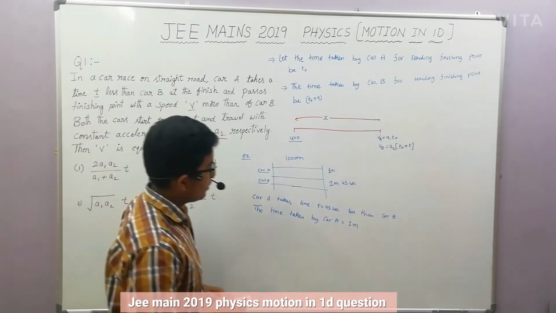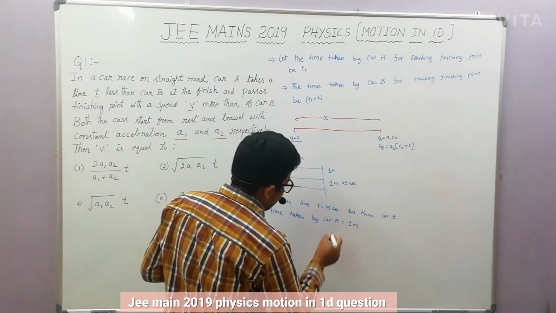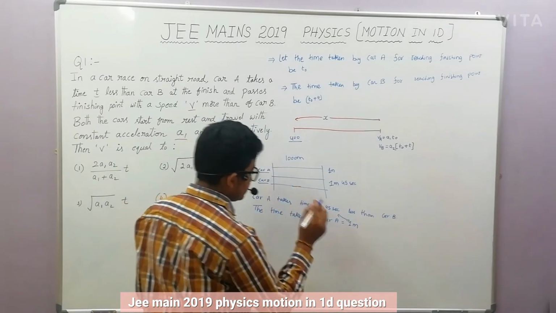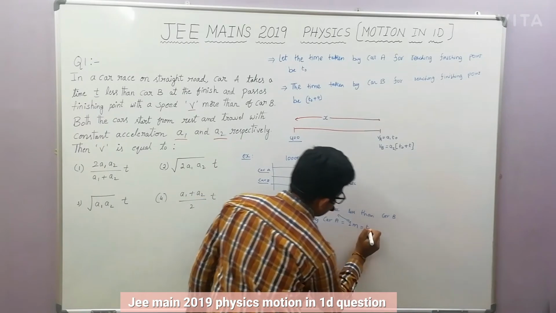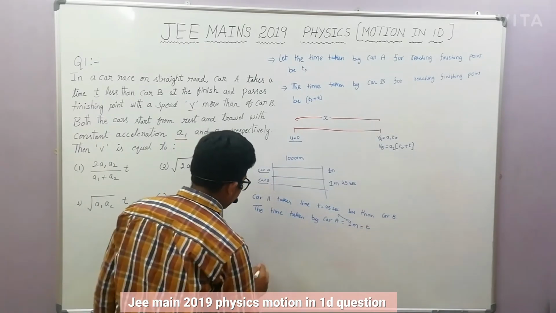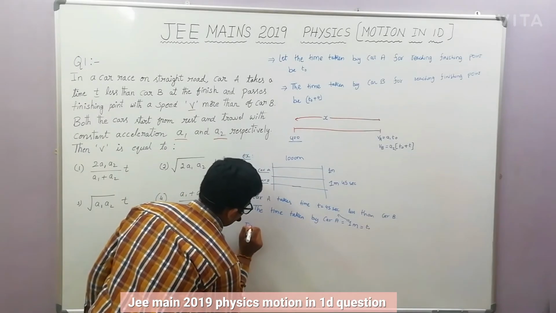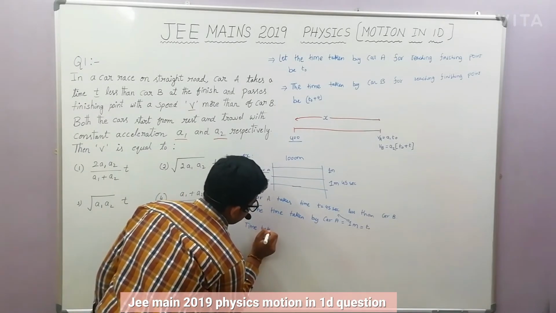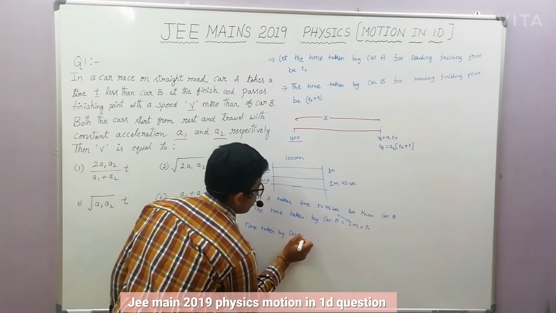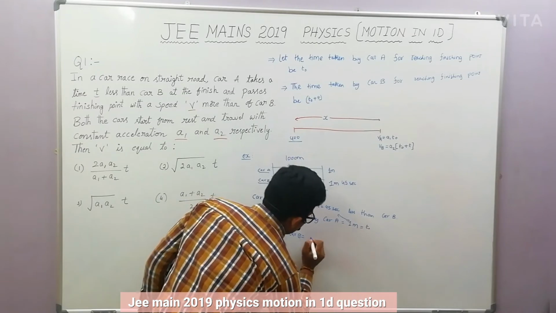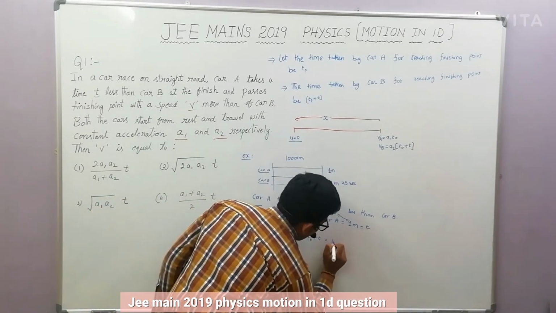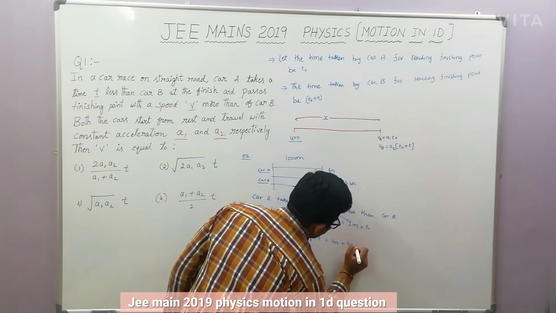If you add the two times, suppose we take this 1 minute as t naught, then the time taken by car B is equal to t naught plus t, which is 1 minute plus 45 seconds.